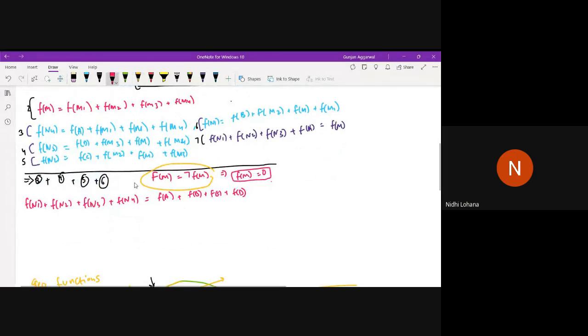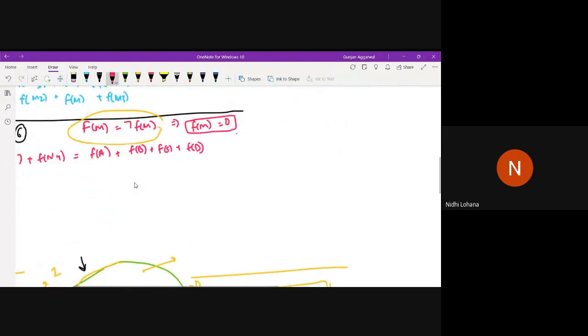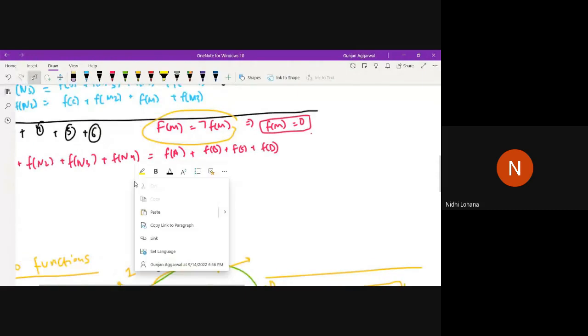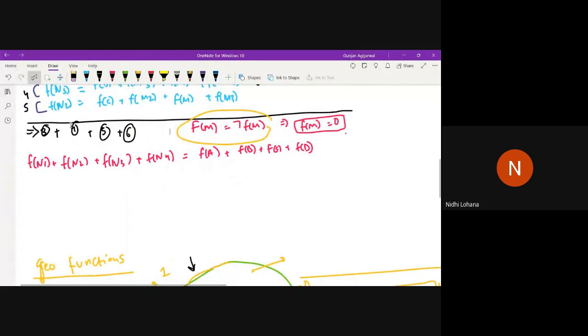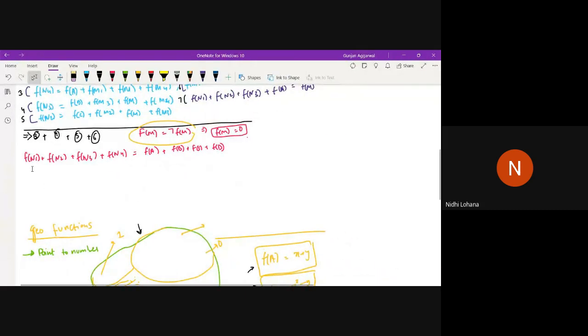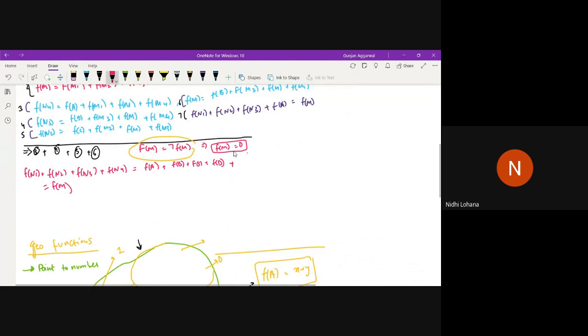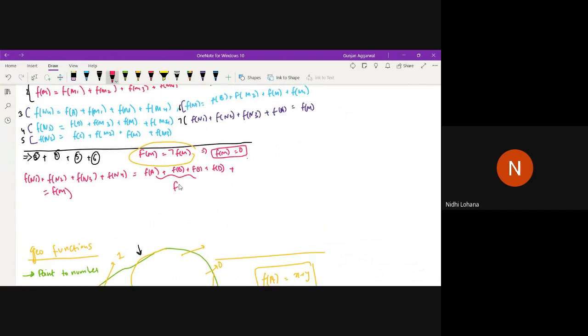Yeah, so from the seventh equation, the LHS will become f of m, and the RHS is the summation of f of a plus b, and so on up to f of d, that is f of m. Then we have 4 times f of m as it is, and we have twice f of m1 plus twice f of m2 plus twice f of m2.